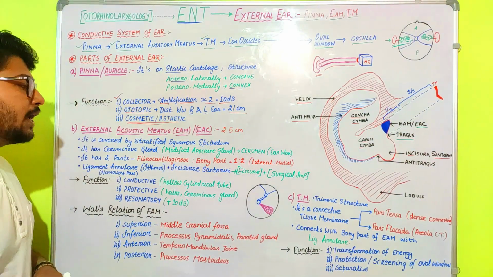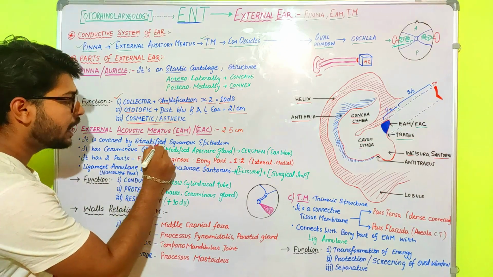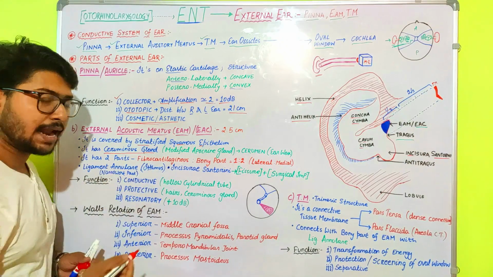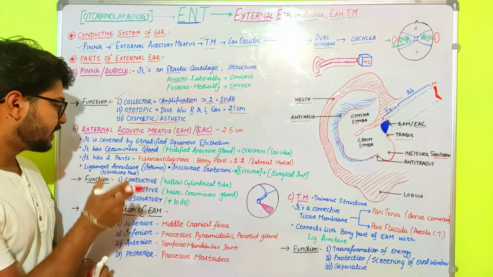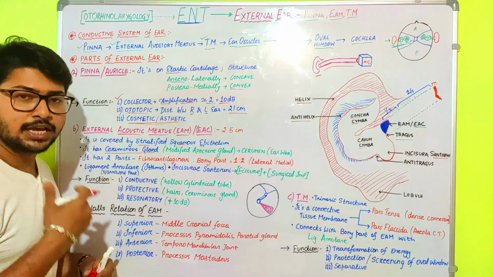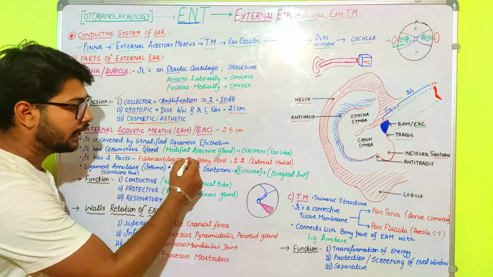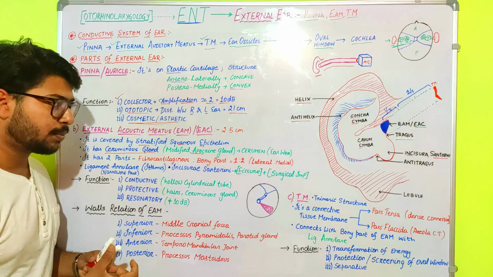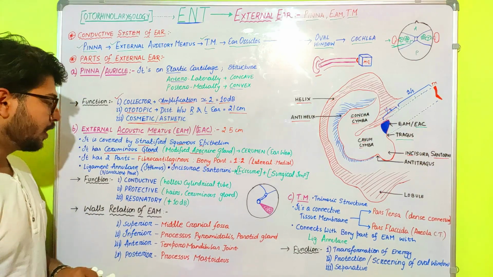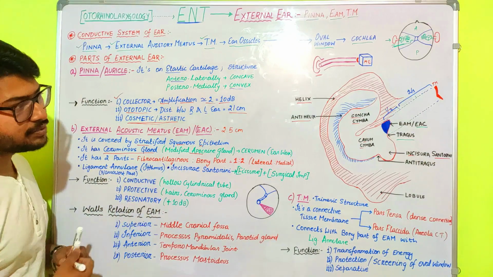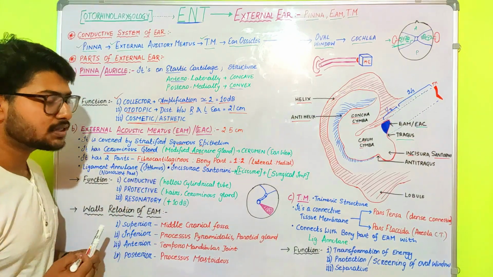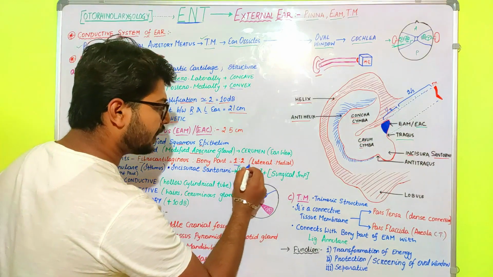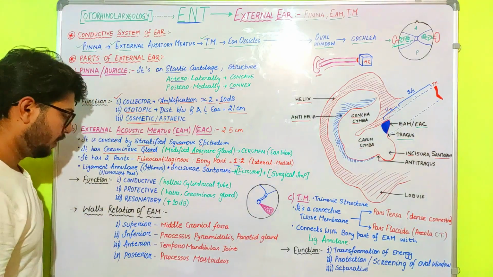It is mostly covered by stratified squamous epithelium, and it has ceruminous glands and sebaceous glands. The ceruminous gland is a modified apocrine sweat gland that helps in production of cerumen, or ear wax. The fibrocartilaginous and bony parts are present in the ratio of 1:2, lateral to medial.